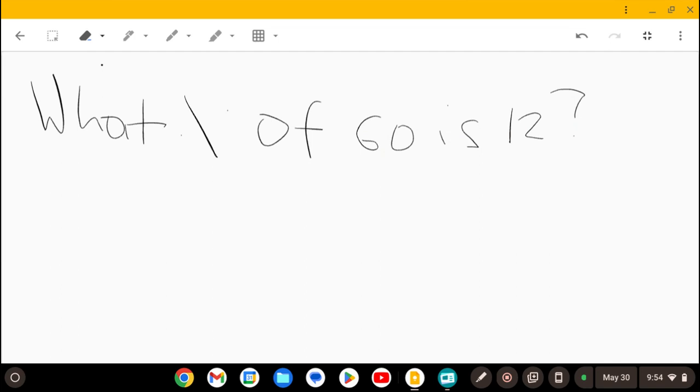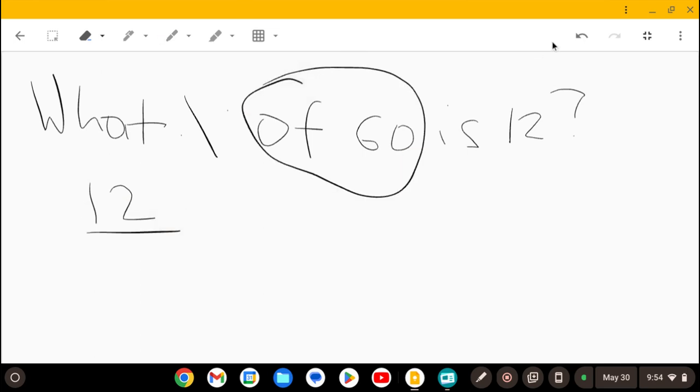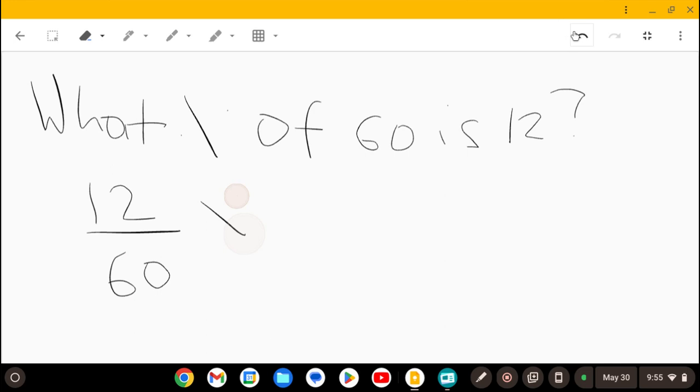So what we need to do is to put the amount, which is 12, over the total, which is 60. We know that it's the total because "of" comes before it, so we're trying to find the percent of 60. So it's going to be 12 over 60, and then we just multiply that by 100. So it's going to be amount over total times 100, right? So we could simplify from numerator to denominator.